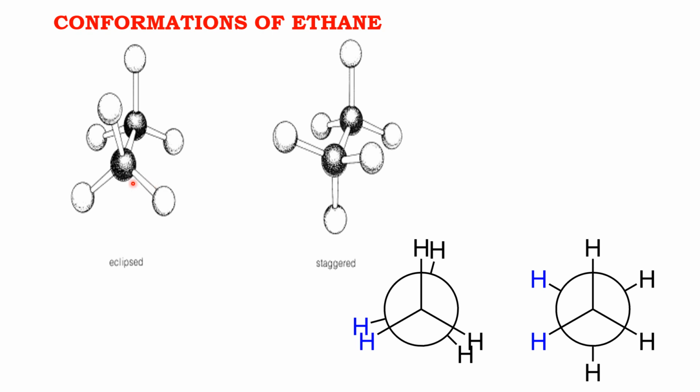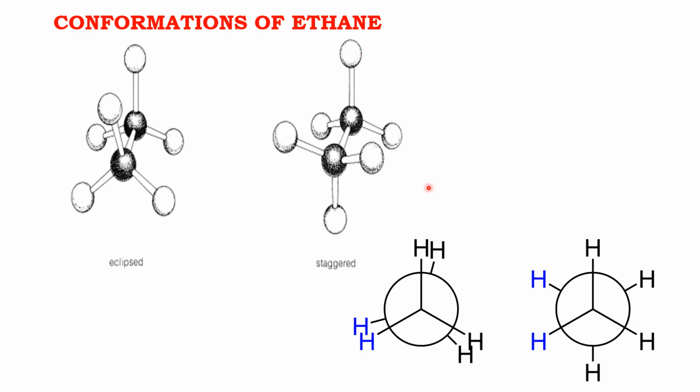That means when we look from the front side of this eclipsed conformation, we could only see the first carbon atom and the 3 hydrogen atoms. The 3 hydrogen atoms of the first carbon atom and the 3 hydrogen atoms of the second carbon atom lie in the same plane. See here, like this. That means we cannot see the hydrogen atoms of the second carbon atom in eclipsed conformation.